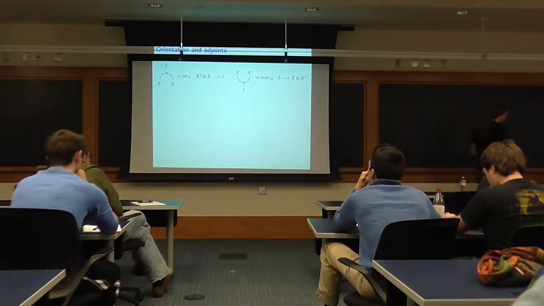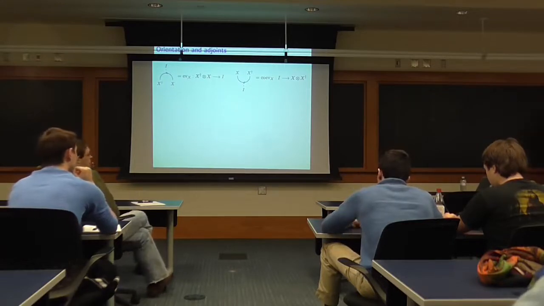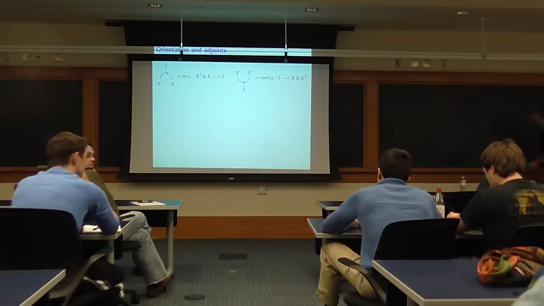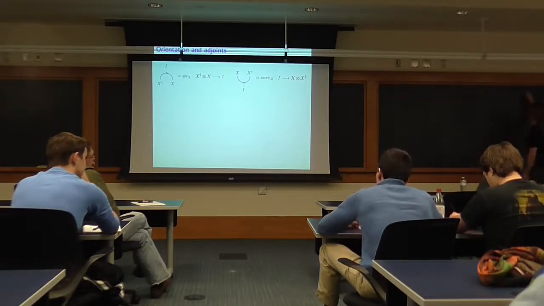The reason why these maps are called evaluation and co-evaluation is a good one. I want to illustrate this. So let's consider a very simple example. It's not what I really want to talk about, but let's say that X is a complex vector space which is finite dimensional with a basis e_i.